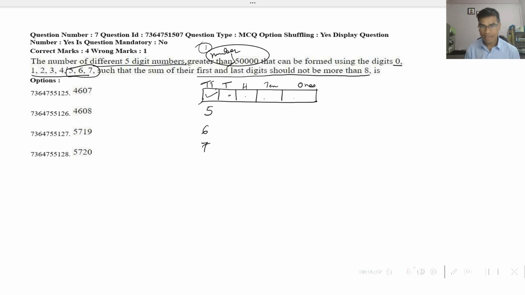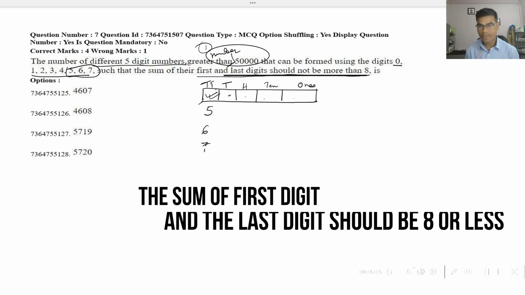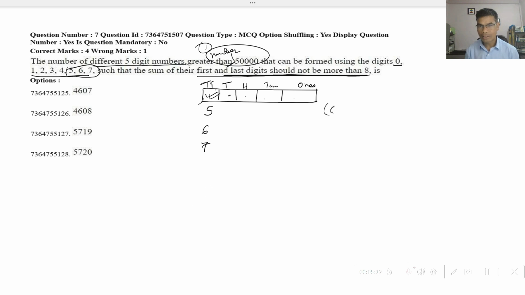But now the second condition says that the sum should be less than or equal to 8, or should not be more than 8. So if 5 is your 10,000 digit, the unit digit should be 0, 1, 2 or 3. It cannot be 4, because if we take the unit digit to be 4, then the sum is more than 8, which is 9.